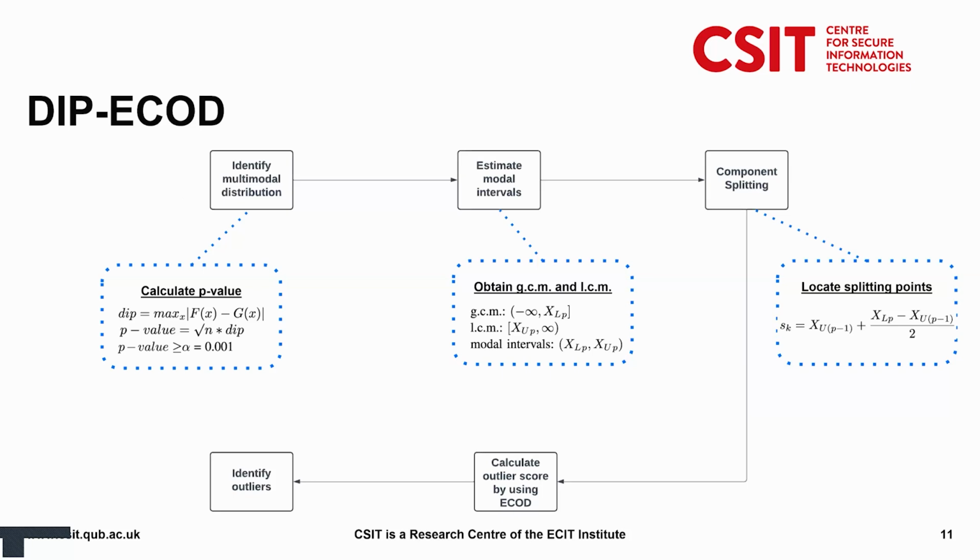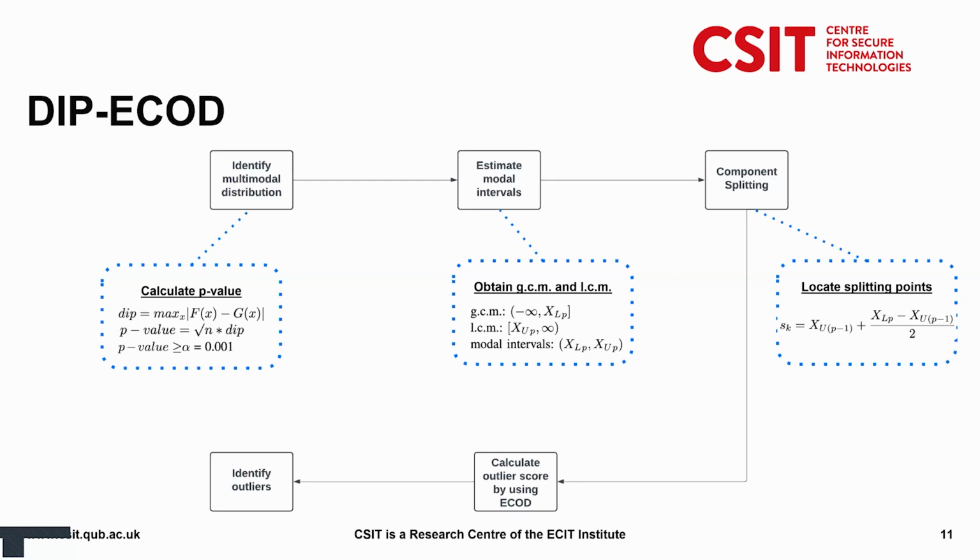Imagine if we have a data set. First thing, what we would like to do is to identify the modality of the data set by calculating the p-value. So say if we have a data set which has unimodal distribution, we apply ECOD straight away.